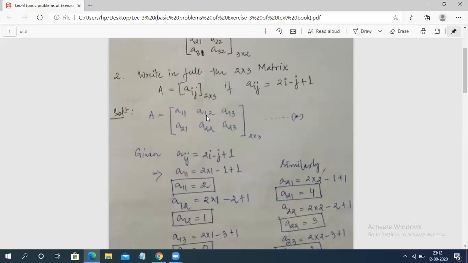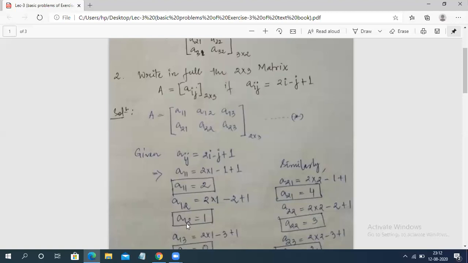Similarly, the second element, A12. A12 means i is 1, j is 2. This is the element of first row, second column. So put here 2 into i, that is 2 into 1, minus j, j is 2, so minus 2 plus 1.